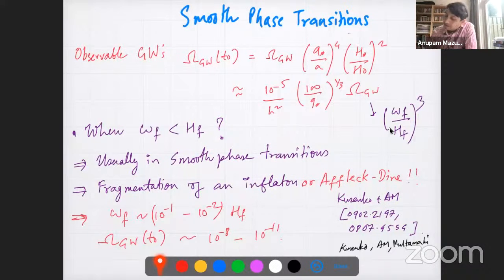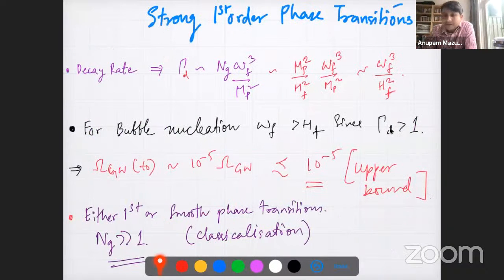But when the phase transition happens which is strongly first order, that has a very interesting property. The decay rate you can compute from this n gravitons leaking, essentially gravitons, the leaky box. And for a bubble nucleation, the decay rate has to be bigger than h, and that tells you that omega f has to be bigger than h.